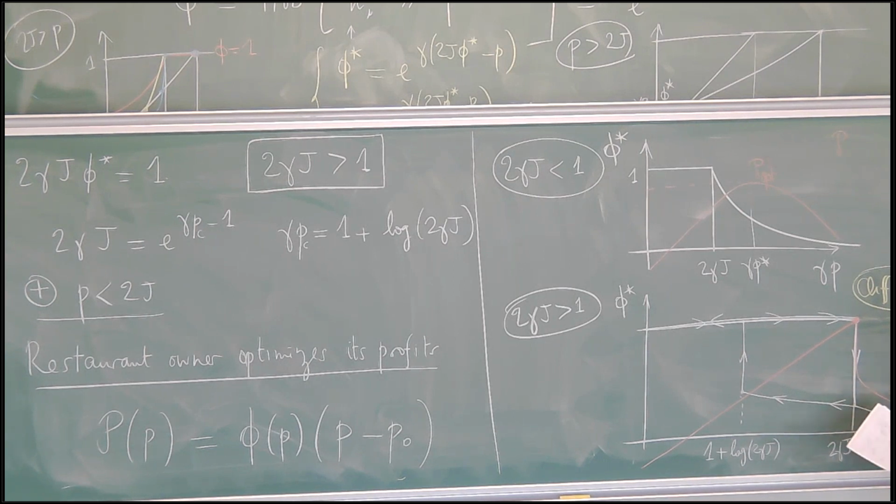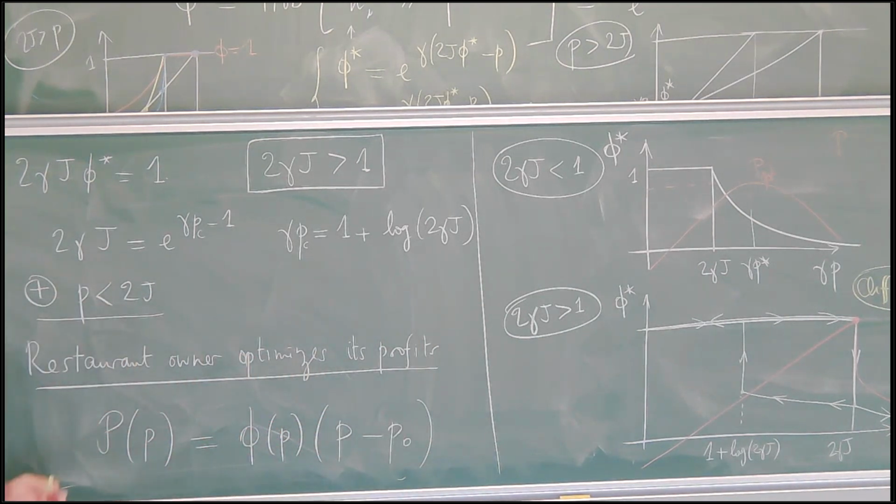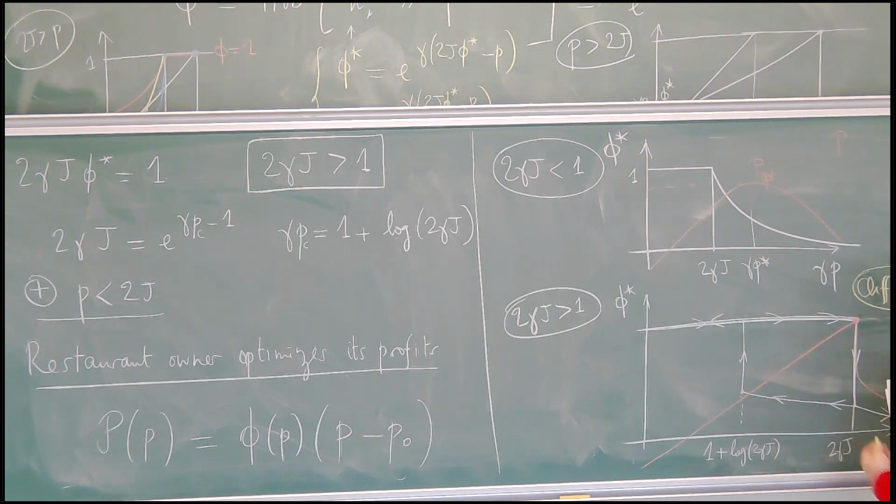So this extra scenario compared to the random field Ising model is extremely interesting, because it shows that in situations where you can have abrupt changes, the whole idea of assuming that people optimize their profit may lead, in this very simple case, to a cliff edge, but in other cases, maybe the whole economy might, because people are optimizing their profit, be led as a whole close to a point of instability.